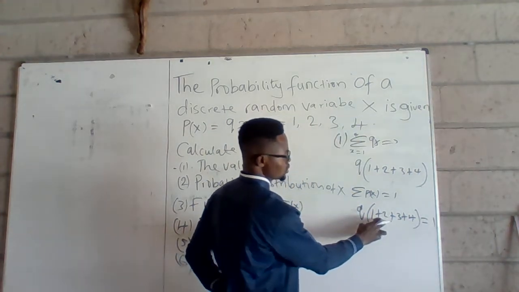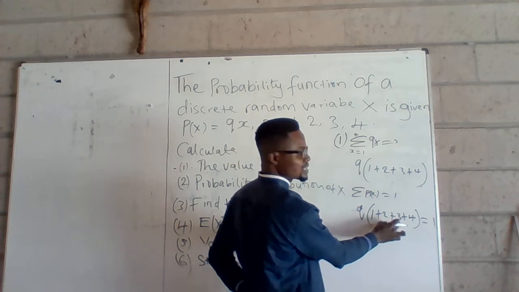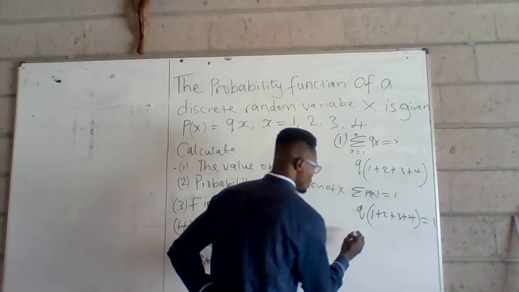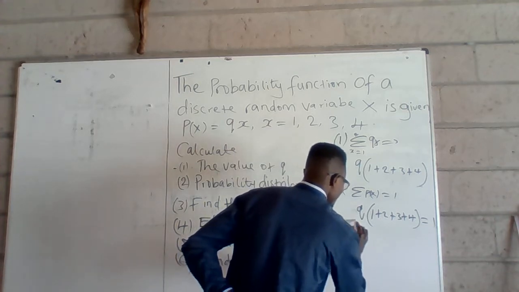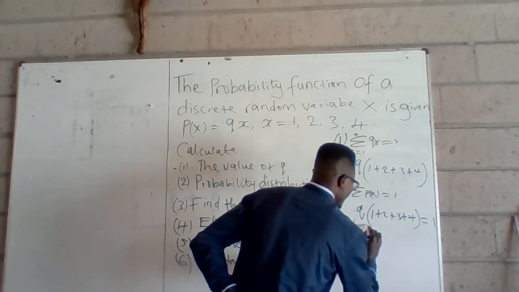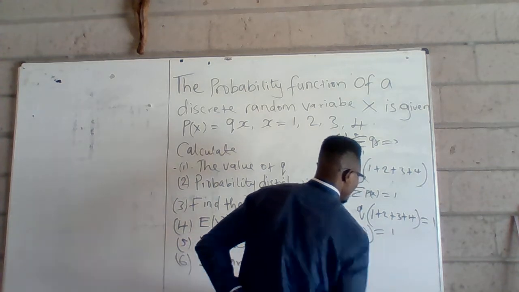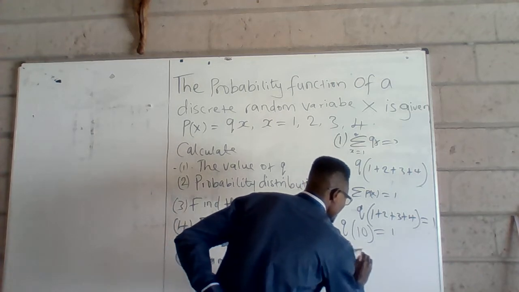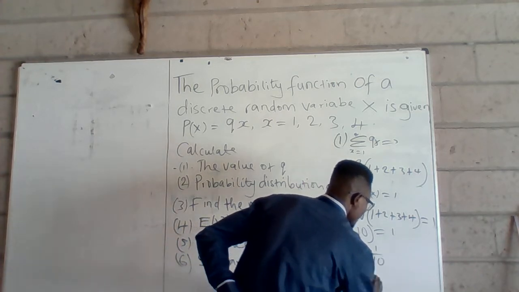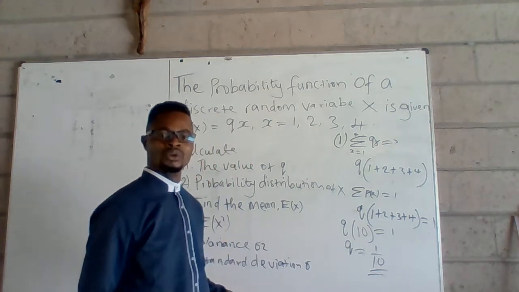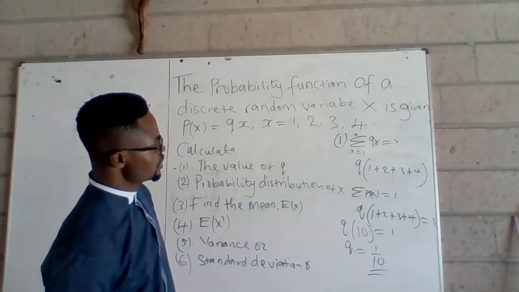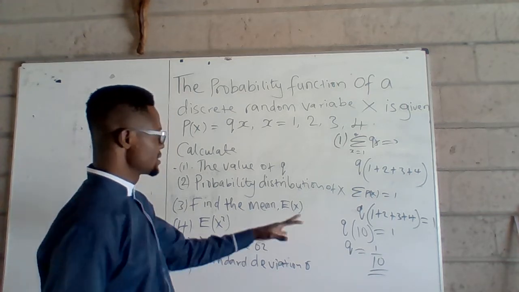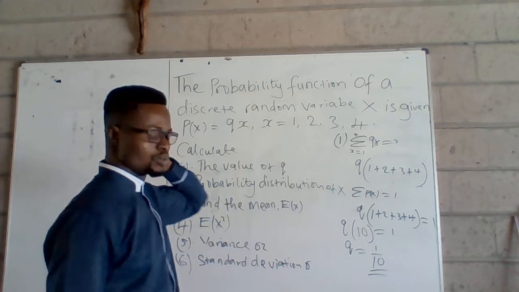Therefore, 1 plus 2 is 3, 3 plus 3 is 6, 6 plus 4 is 10. So we have 10q equals 1, and we want the value for q. So q is equal to 1 over 10. This is the value for q, and this is the first part of this question.